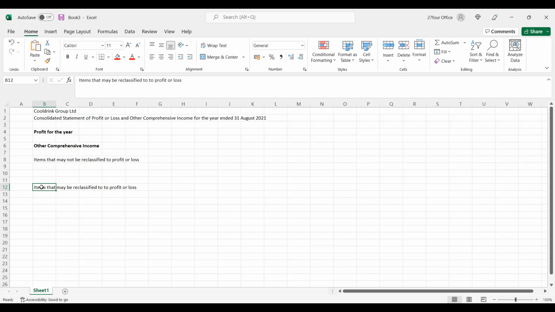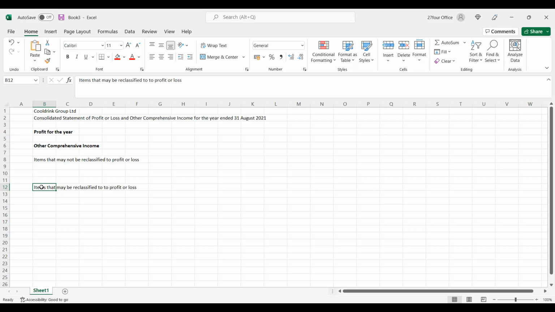So, for example, in IAS 16 PPE, we know a revaluation gain or loss will go to other comprehensive income. Now, it is IAS 16 that will tell you that a revaluation gain or loss may not be reclassified to profit or loss once you dispose of the asset.